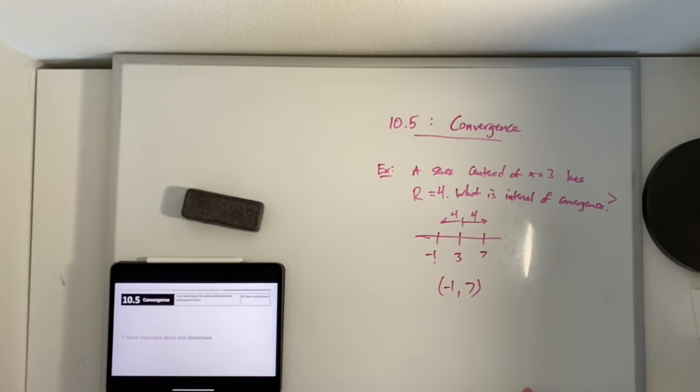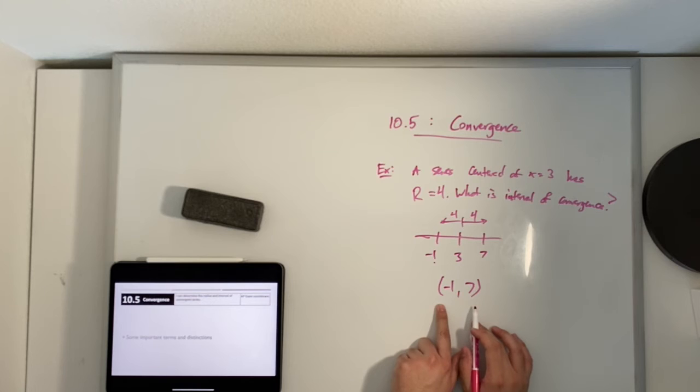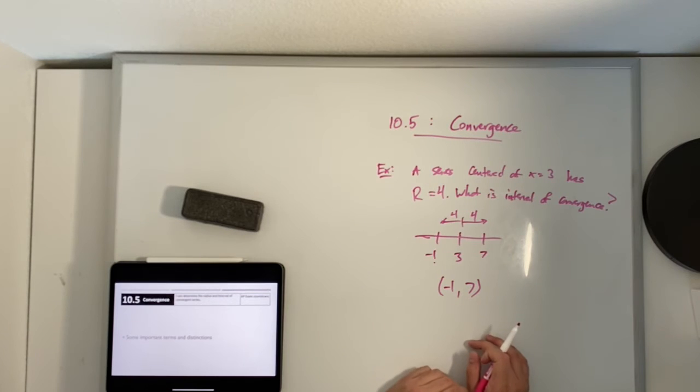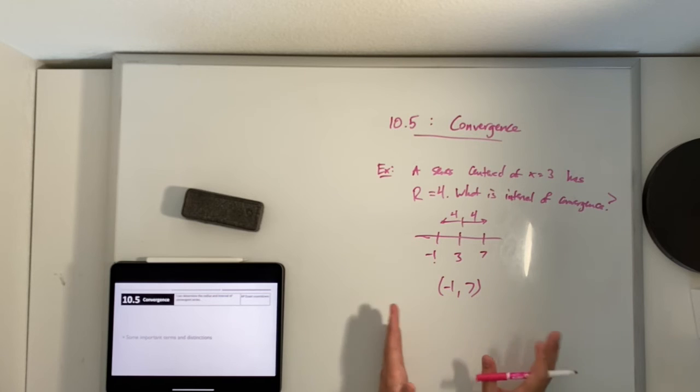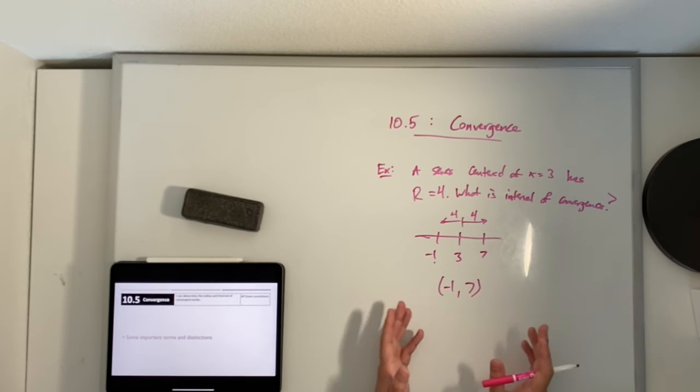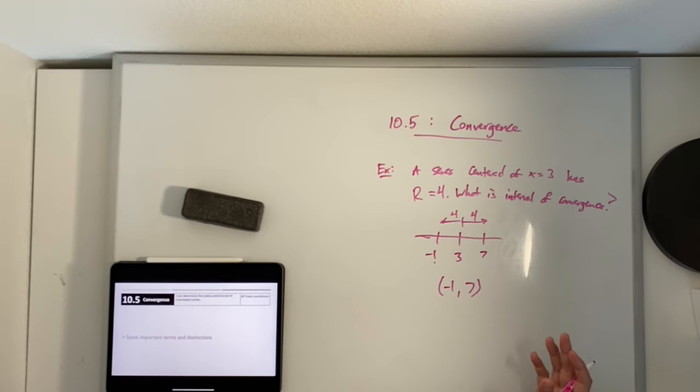So different types of ways I can ask this question, but regardless, this is an important skill to have. Notice that I am not including the endpoints here. Testing for endpoint convergence would have been section 10.6. It's not included in the AP exam this year, as we all know. So we're not going to talk about it, thankfully, to be perfectly honest, because it does get kind of tricky at times.